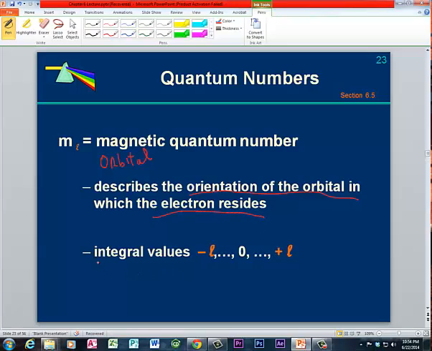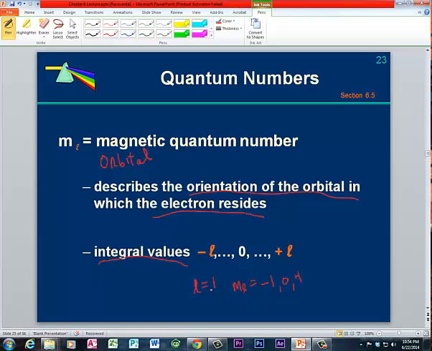The possible values for the m sub l value depend on the l value. And so an m sub l value can have a value of minus l through 0 all the way up to plus l. So for instance, if the l value were equal to 1, then you could have m sub l values that were equal to -1, 0, and +1.